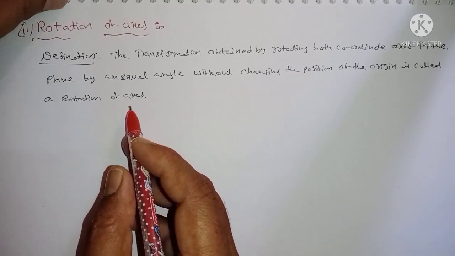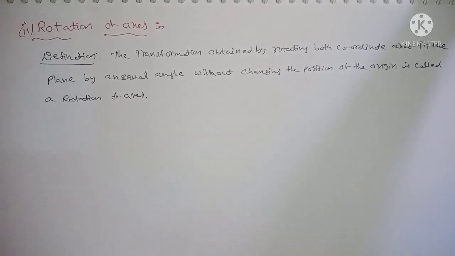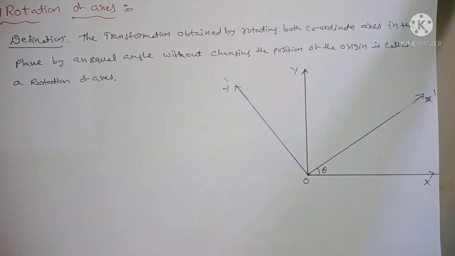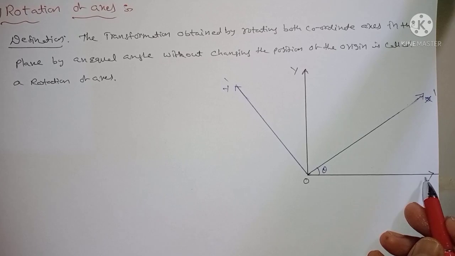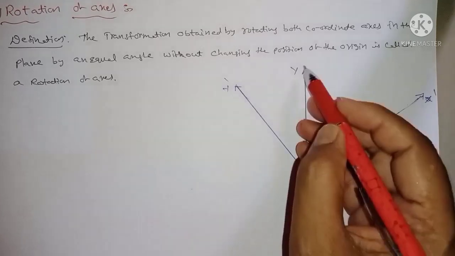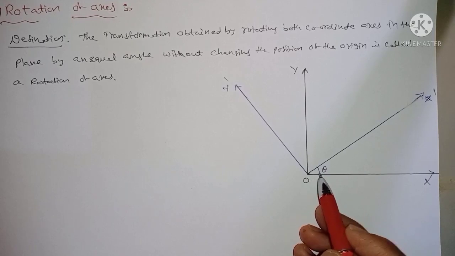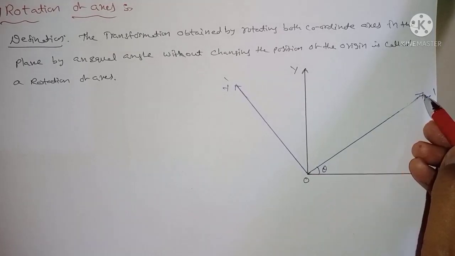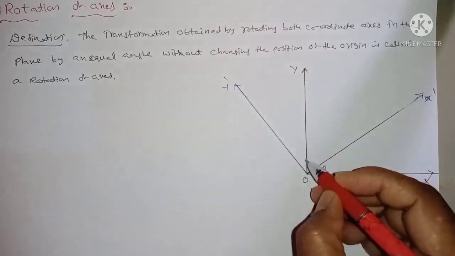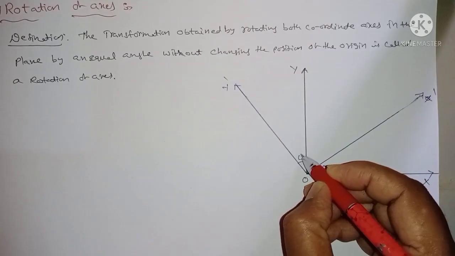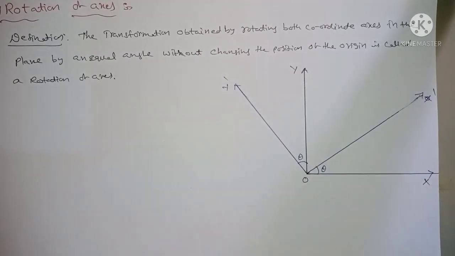Okay, I will show it in the figure. Listen, this is OX and OY, the original axes. You rotate them by an angle theta, giving OX dash and OY dash, the same theta angle.